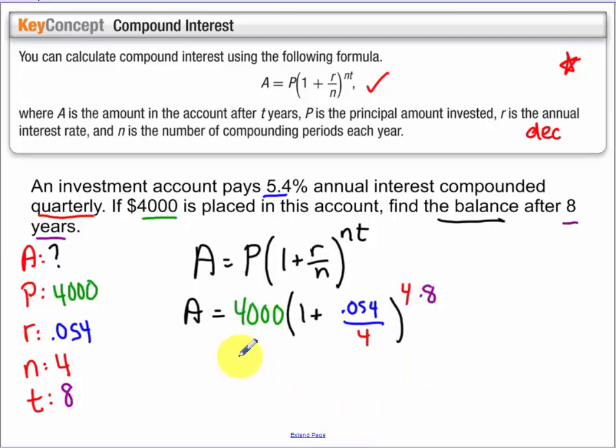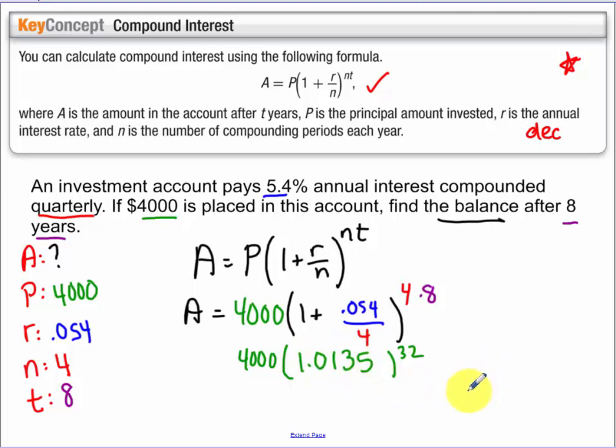What I recommend you guys do is first get what this piece is with your calculator. So go and figure out what that piece is. When I do that, I get 1.0135.